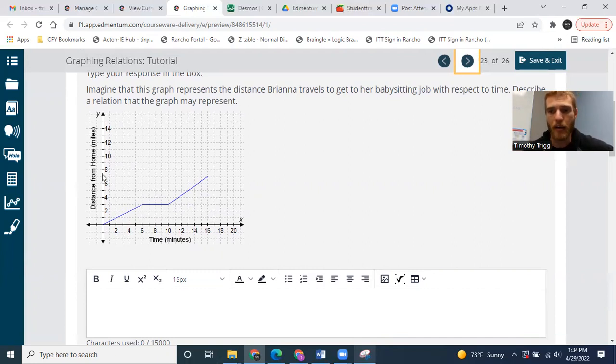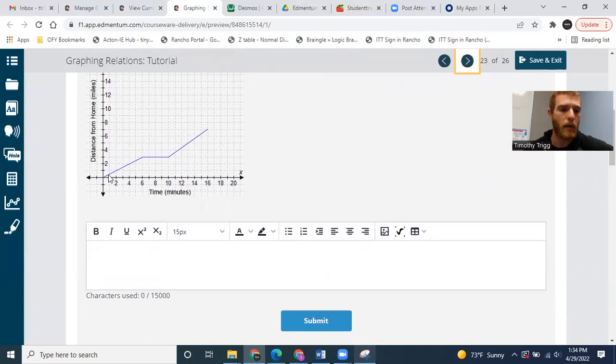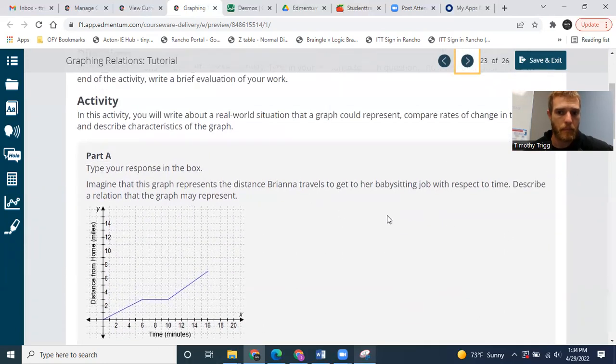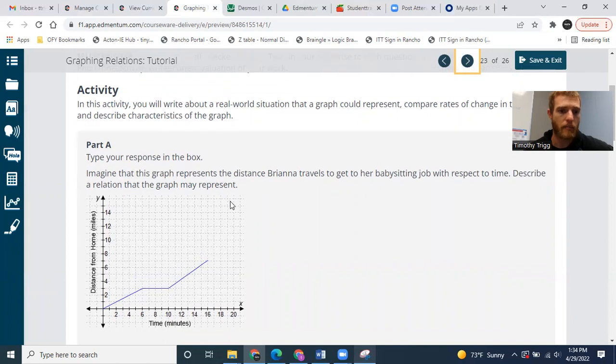Distance from home, miles. Okay, so we could see, all right, well, we have a line with a slope here, okay, then a flat horizontal line, and then it continues up like this, right? So describe a relation that the graph may represent.